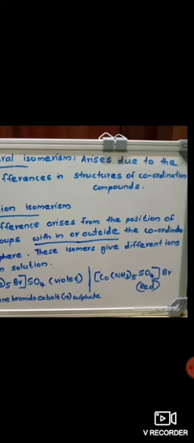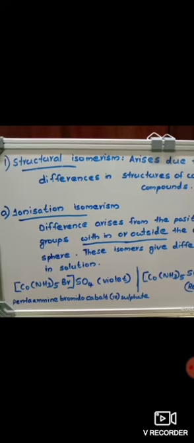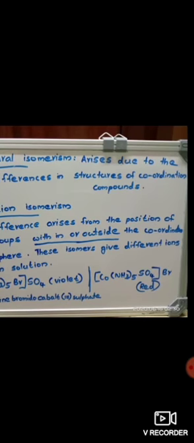We know that it is the only part which is getting ionized. So when this compound is getting ionized, SO4 2- will be the ion present. When this compound is undergoing ionization, Br- is the ion present. So, the ion which gets ionized is different even though they are having same formula.